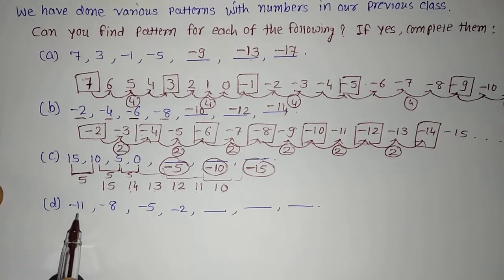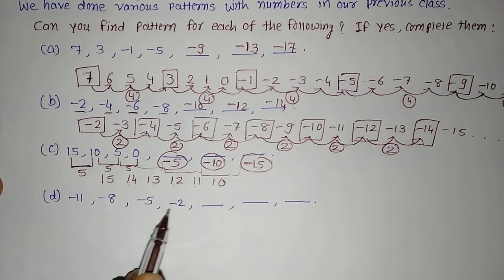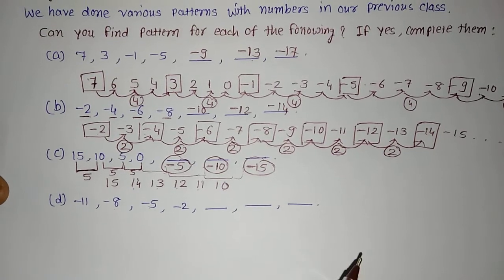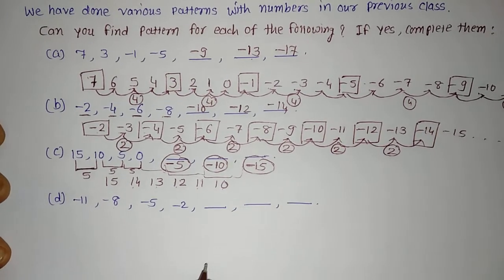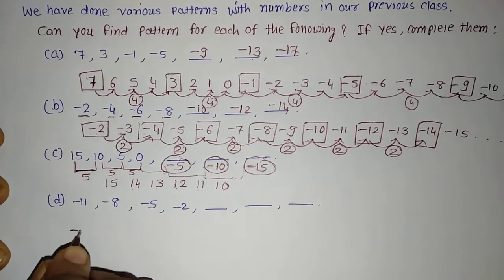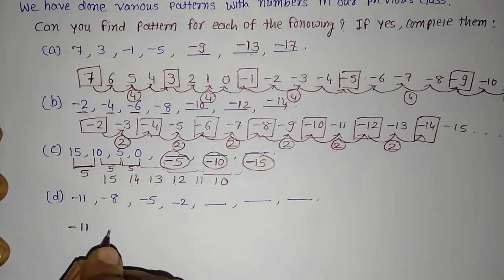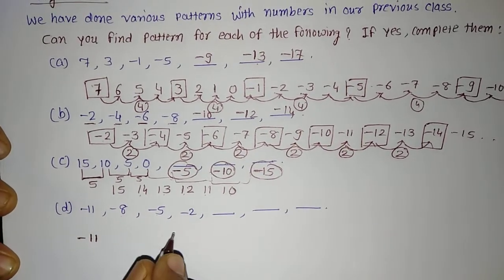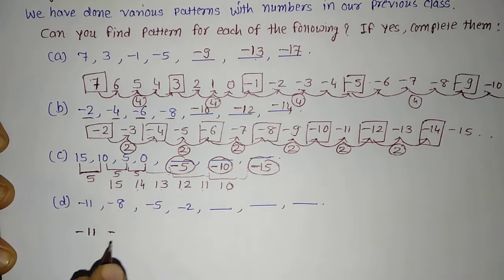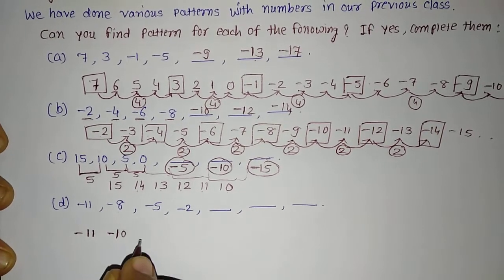Here the numbers given are minus 11, minus 8, minus 5, minus 2, as the numbers are increasing. So let us write it here and let us try to find out. First number minus 11, then definitely as the number is increasing, the next number is minus 10.